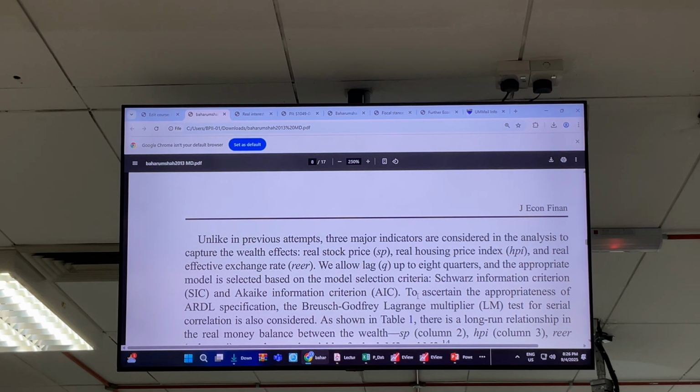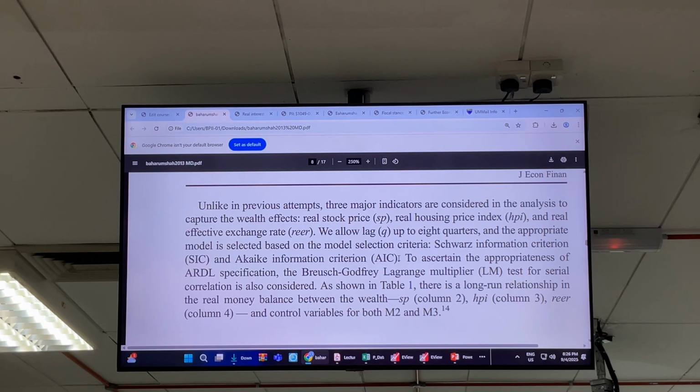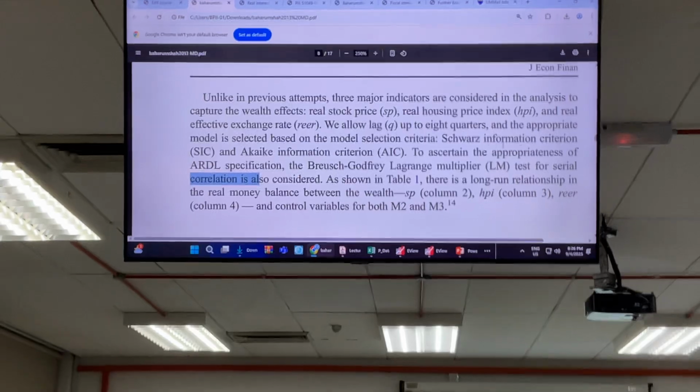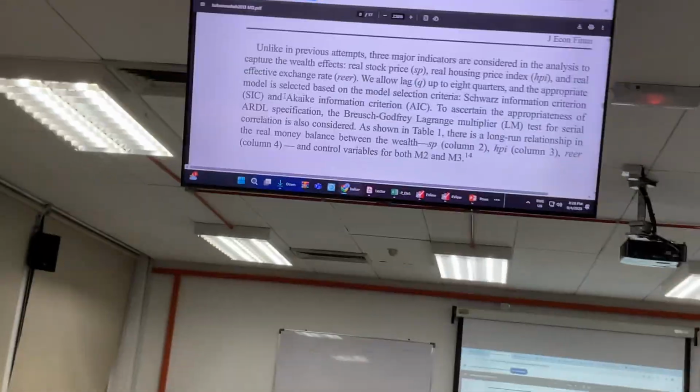Then to check the appropriateness of the ARDL, they use the Breusch-Godfrey test for serial correlation, and also the SIC criterion, and you can see how they report short run dynamics. So they have a short run model as well.